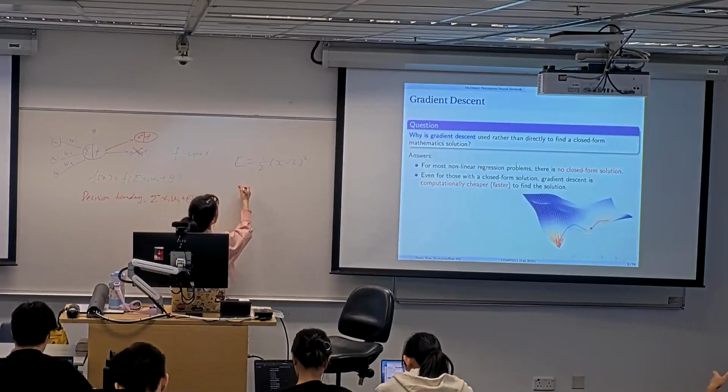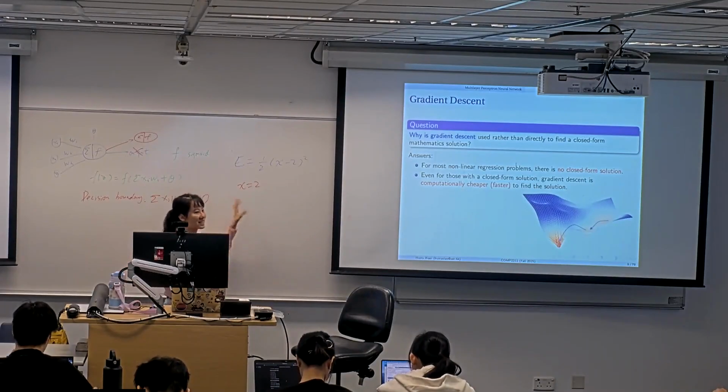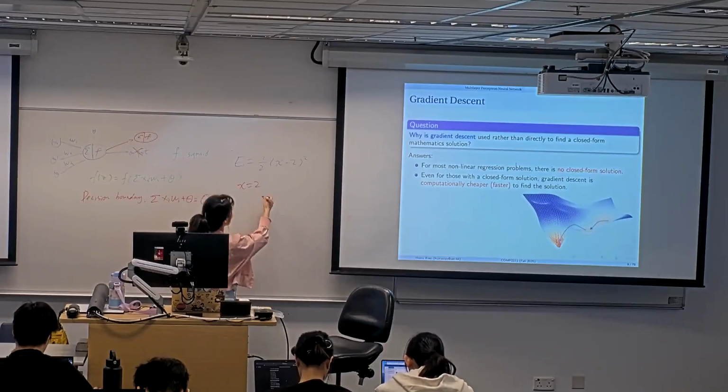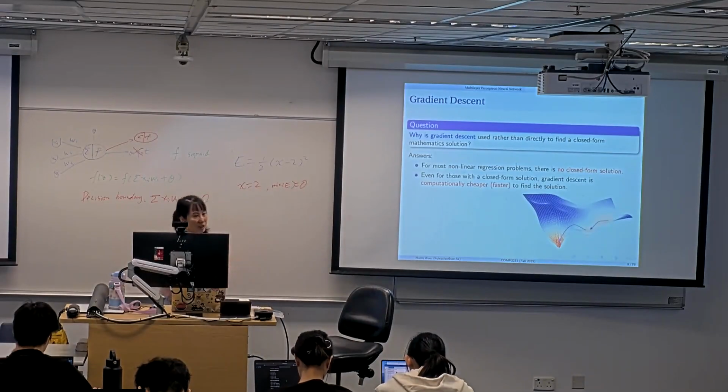That is x equal to 2. If we select x equal to 2, this is a closed form, right? We can directly get the minimum. That is, when x equals 2, the minimum of E is 0. Directly get it.